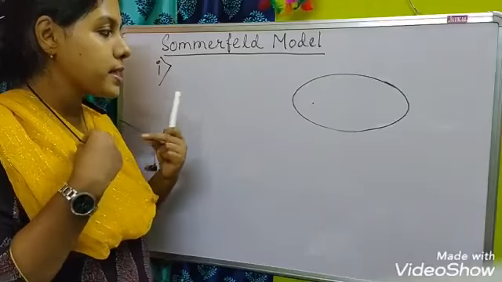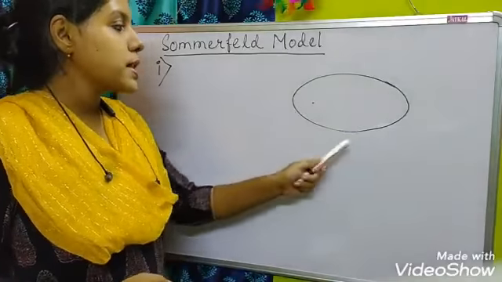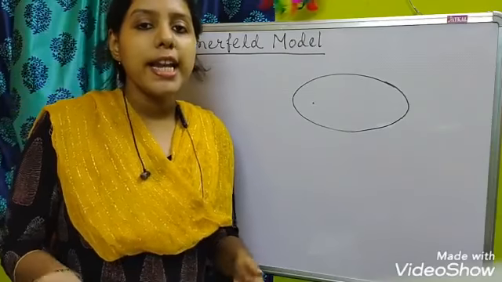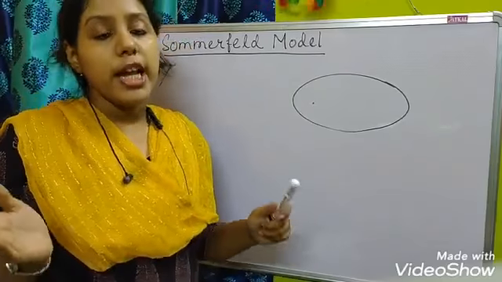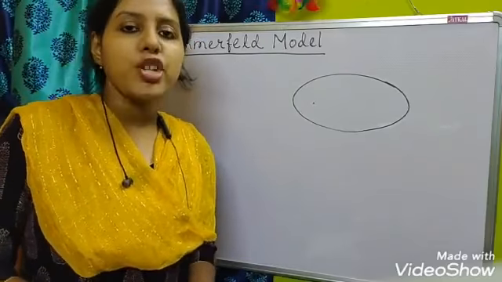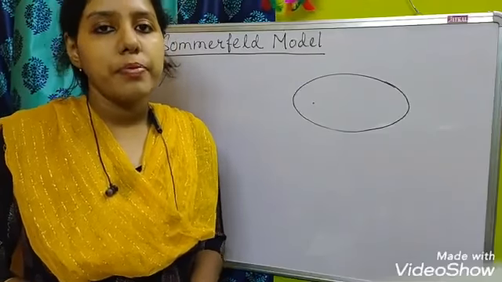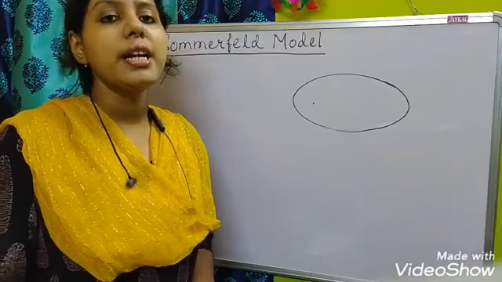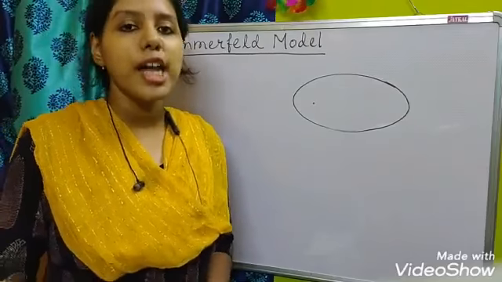Now the third point is that when the electrons are rotating around the nucleus in an orbit, only in those orbits can the electron rotate where the angular momentum is an integer multiple of h by 2 pi.